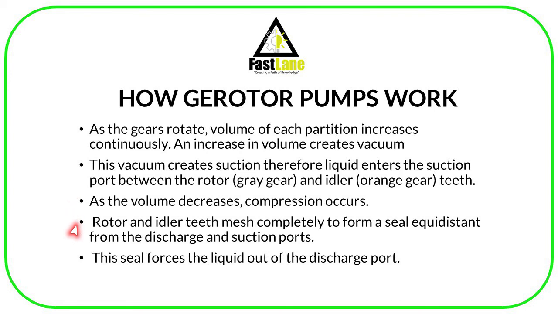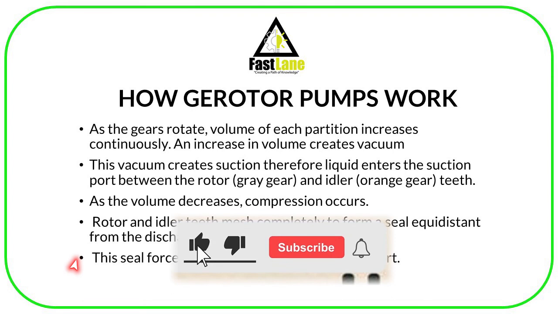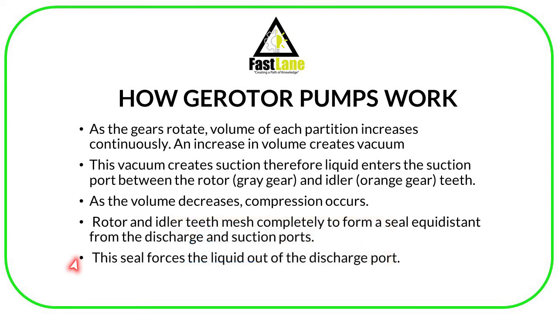The rotor and idler teeth mesh completely to form a seal equidistant from discharge and suction ports. And this seal forces the liquid out of the discharge port. So that's how a Ureter pump works. Applications here include light fuel oils, cooking oils, lube oils, among others.